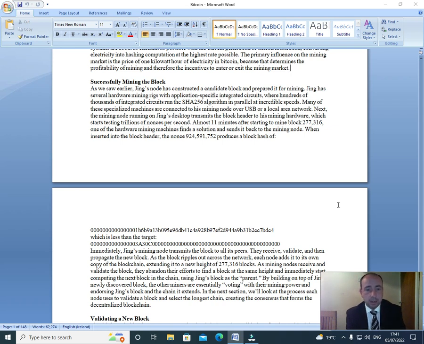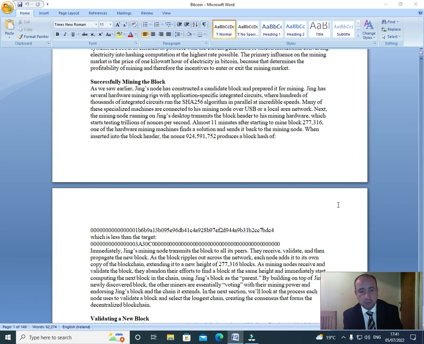Next, the mining node running on Jing's desktop transmits the block header to his mining hardware, which starts testing trillions of nonces per second. Almost 11 minutes after starting to mine block 277316, one of the hardware mining machines finds a solution and sends it back to the mining node.